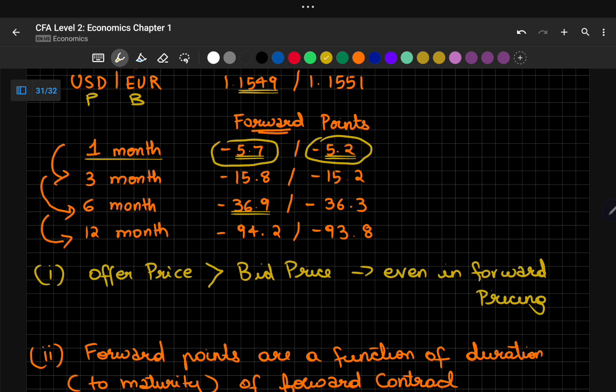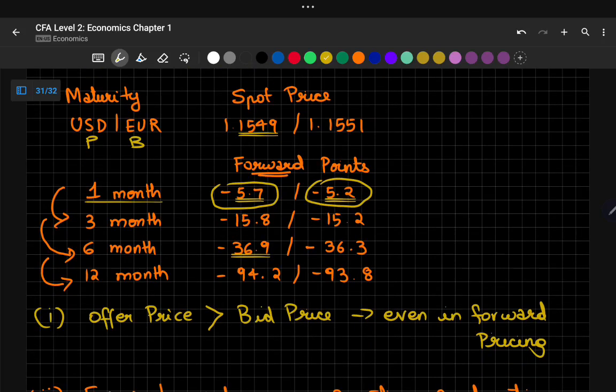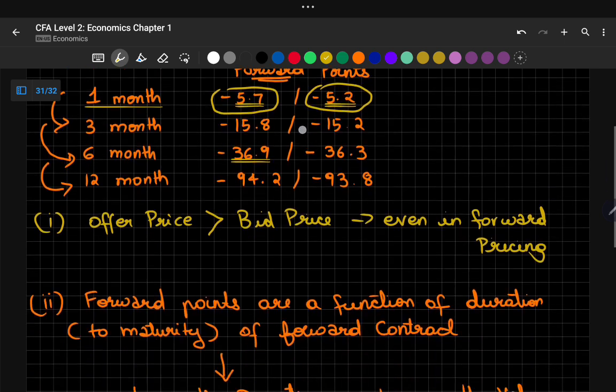No need to make any kind of adjustment. The only thing is you should know that it should be divided by 10,000. This minus 5.7 should be divided by 10,000 to get it in decimal format, which can be added to the spot exchange rate to get the forward exchange rate. But there is no need to do any adjustments apart from it.